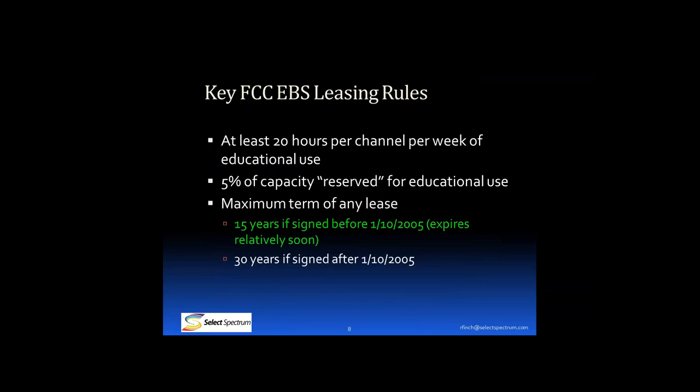So let's talk some about existing FCC rules for leasing, and those are significant and relevant to what each of the license holders here should consider. The first of all is at least 20 hours per channel. So if you notice, we had typically 4 channels in an EBS license. So 4 times 20 would be 80 hours per week of educational use.